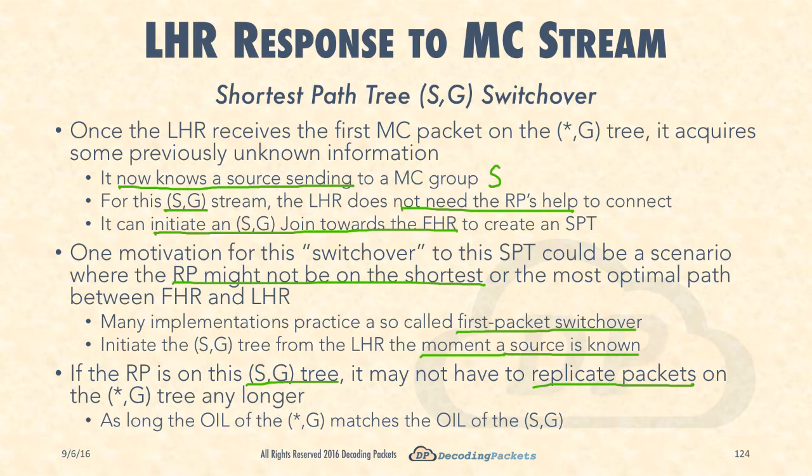And for this, if you look at the outgoing interface list, the OIL, it will match between the star comma G and the S comma G. So really the decision's up to the RP of what to do with it, but it does not have to replicate per se anymore, not for that S comma G, because the S comma G now passes through the RP itself.